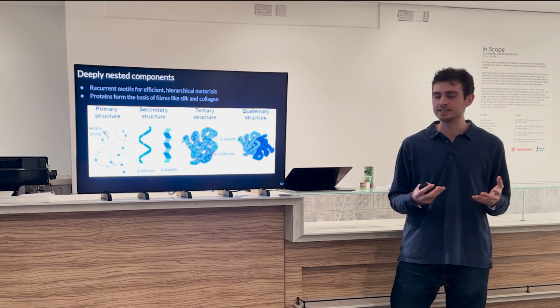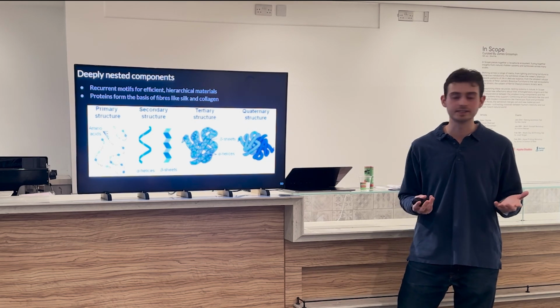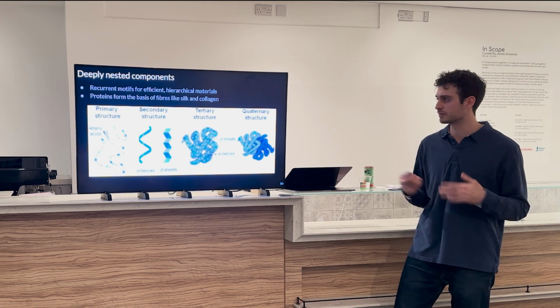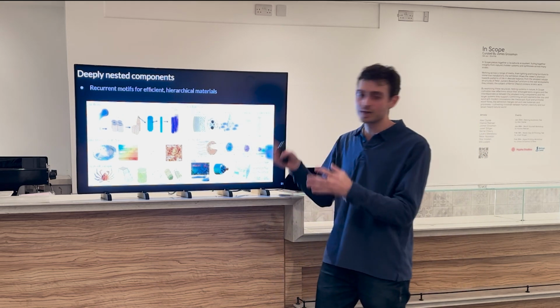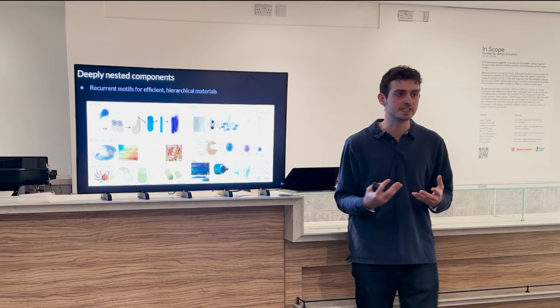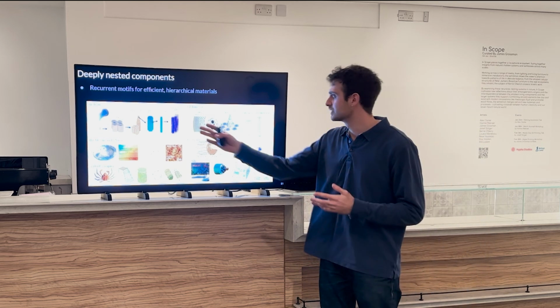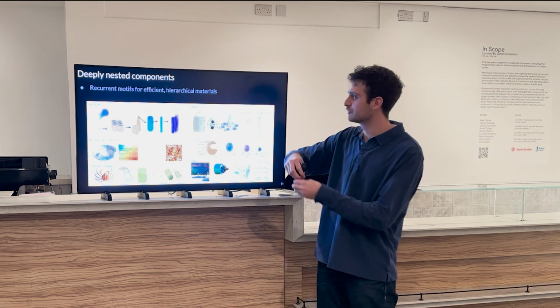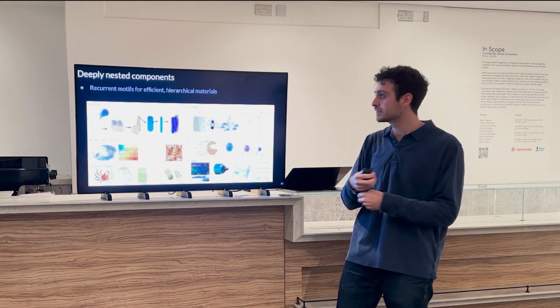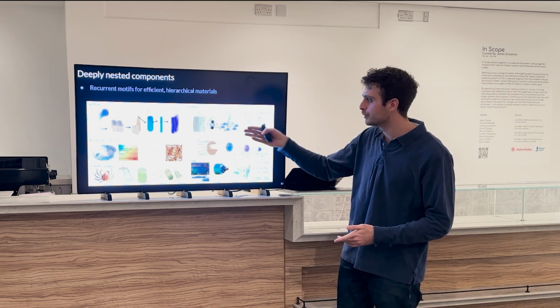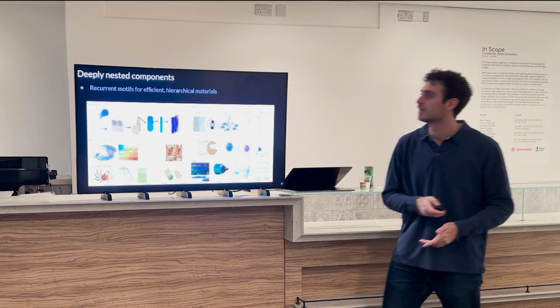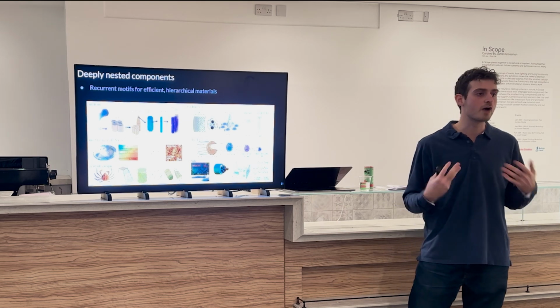That then forms the basis of important molecules like spider silk or collagen, which is the basis of things like hair. Collagen itself is deeply nested in these recurrent motifs, for example for bones. We see that collagen forms fibrils, and then those form fibers, and then those form bundles that then form bone. And the same is true of things like bamboo, tendons, and silk. So these are all hierarchical structures.